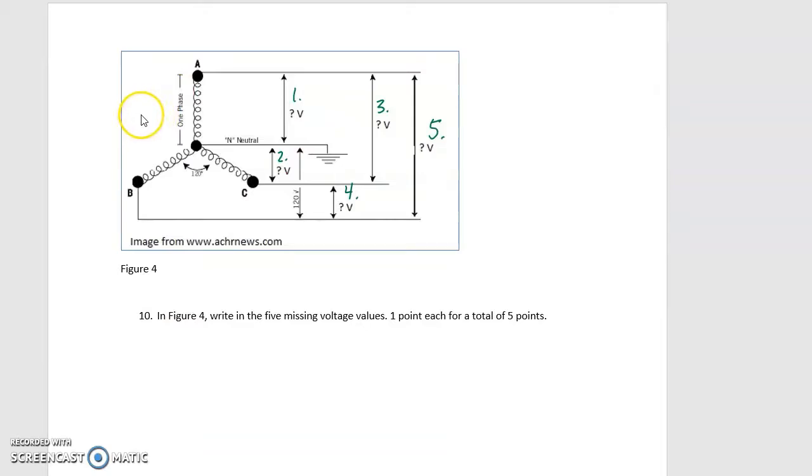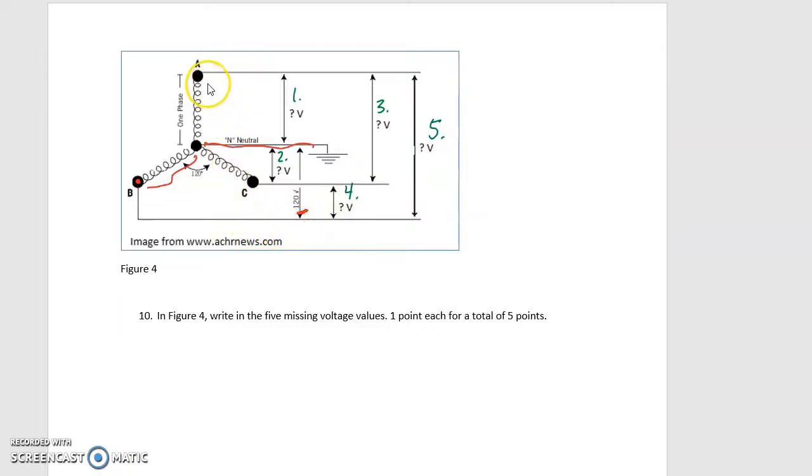And for number 10, we have a Y connection, and again, we need to enter in the voltages. We are given one voltage, this one here, 120 volts. That voltage is between this point here and the neutral. So basically it's the voltage between these points here, and it's 120 volts.